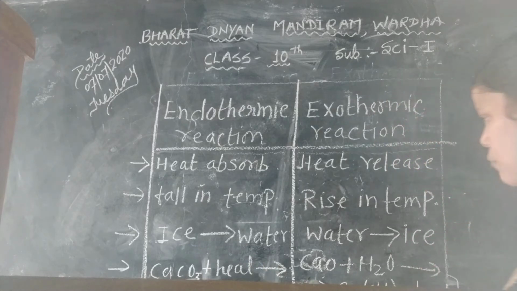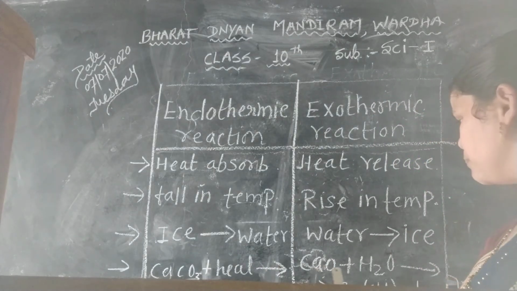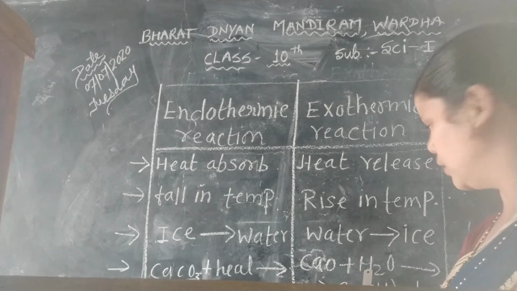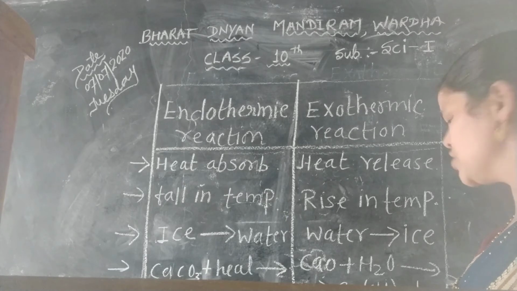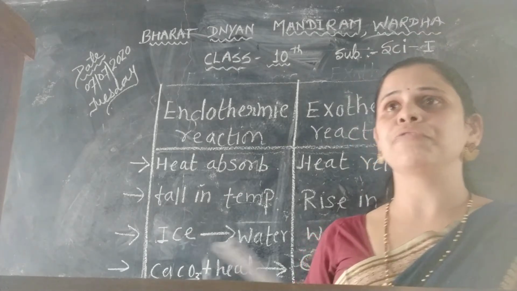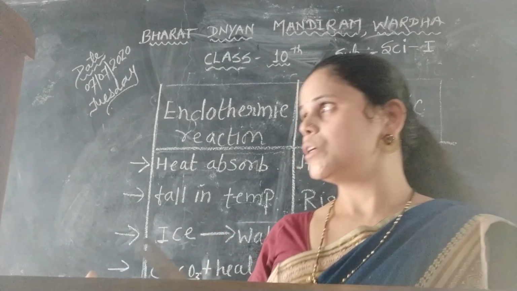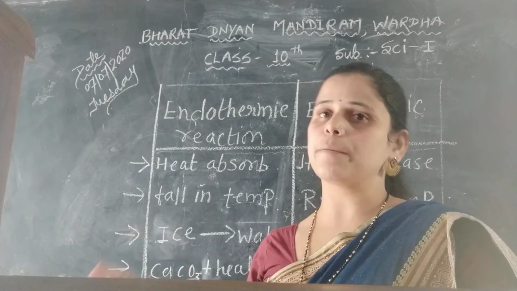But in the case of calcium oxide reacting with water, in the product we form calcium hydroxide, and heat is released. So when the heat is released, this process is an exothermic reaction.